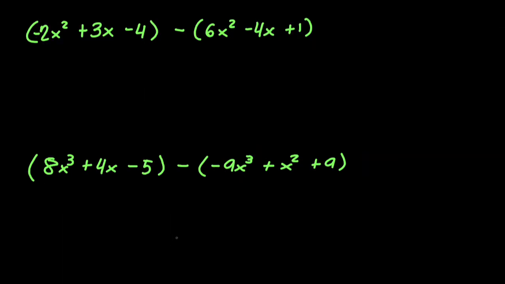So now, let's move on to subtracting polynomials. So let's try this example. Negative 2x squared plus 3x minus 4. Subtract it from 6x squared minus 4x plus 1. First, what you're going to do is to distribute this negative sign out of this parenthesis.